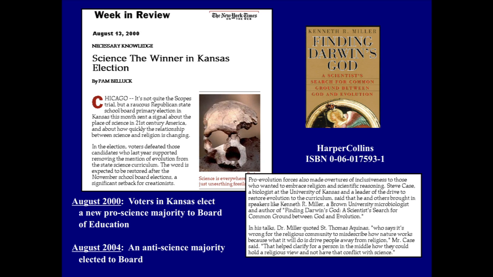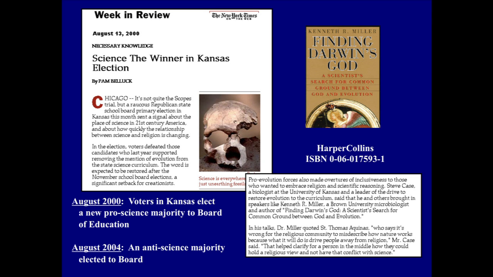Ken Miller published this book called Only a Theory: Evolution and the Battle for America's Soul, which I think does an excellent job of contrasting the science versus belief. Ken Miller is a devout Christian and reconciles his observations of nature with his beliefs, not only in that book, but with a previously published book called Finding Darwin's God.